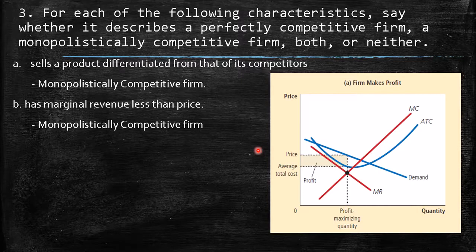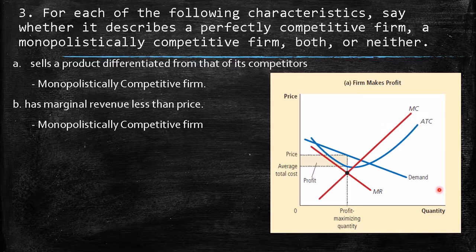So here we have the representation of the firm making a profit. So these are the curves. Remember, demand is downward sloping, because they have market power, different from the perfectly competitive firm, where they don't have any market power. So any change of the price will face an infinite change of the quantities.